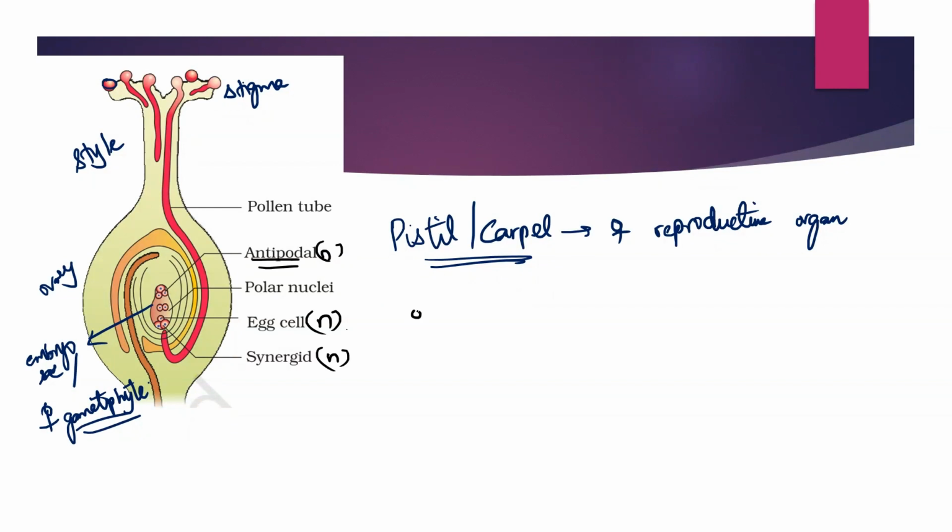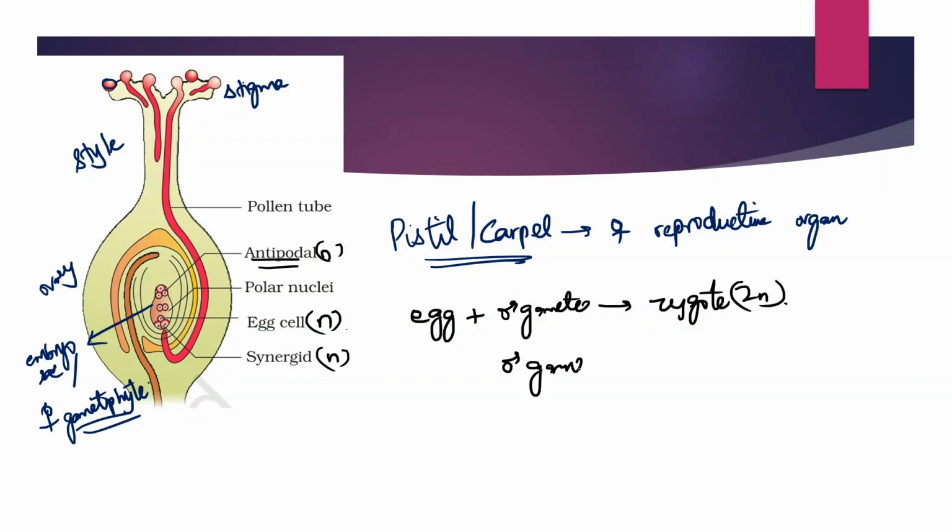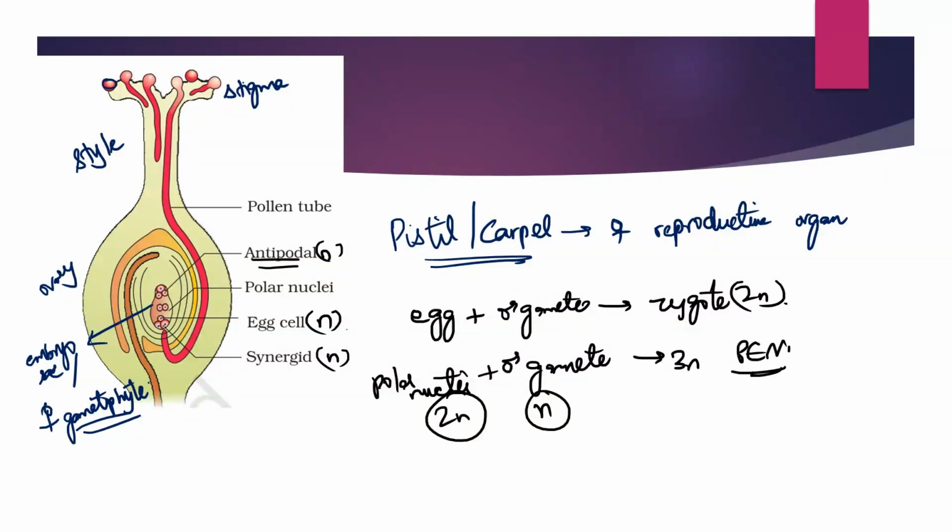But when the egg cell fuses with the male gamete, it results in formation of the zygote, which is a diploid product. In the same way, when the male gamete fuses with the central cell containing two nuclei, it results in formation of a triploid primary endosperm nucleus, which serves as nutrition for the developing embryo.